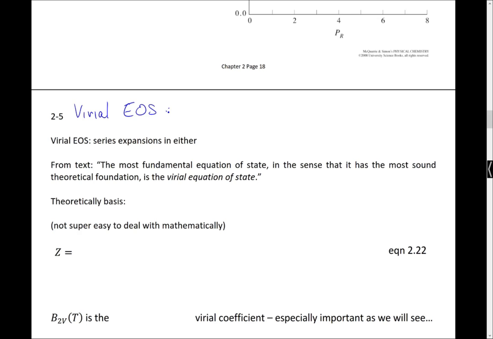So we'll say at the outset, yield U of R, where U of R is the potential between two particles.